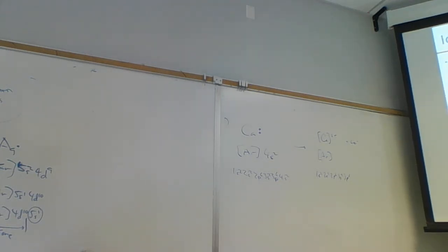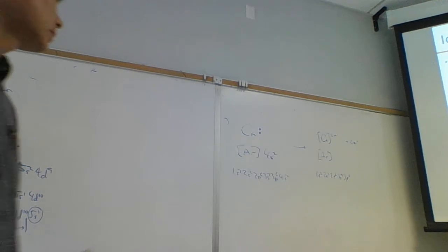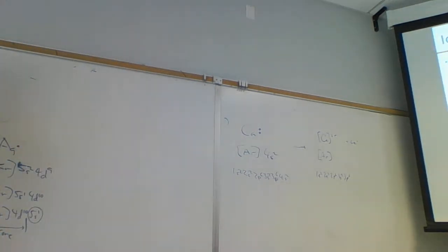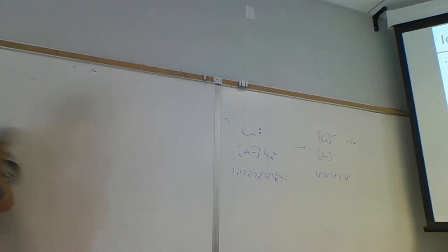All right, why do we form ions? We form ions to make ionic bonds. Ionic bonds are this. So if I take sodium, let's just do sodium. How many valence electrons does sodium have? 1.